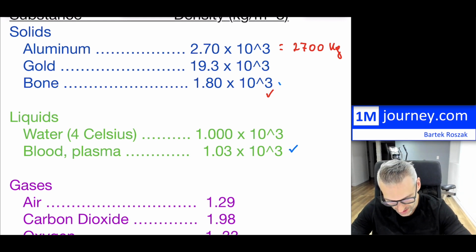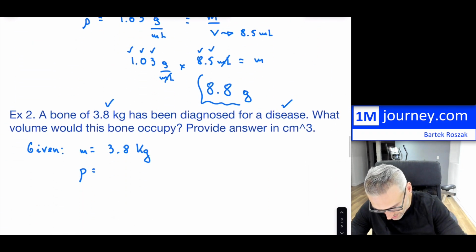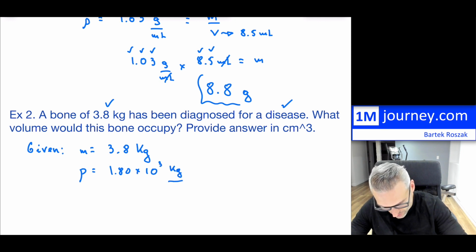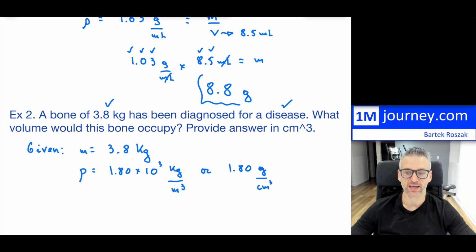Now a bone, that's right here, it's 1.80 times 10 to the 3, and this would be kilograms per meter cubed. Or you can say by dividing by 1,000, it will be 1.80 grams per milliliter or per centimeters cubed. All right, so that would have been the same thing. So you can go back and forth in between there.